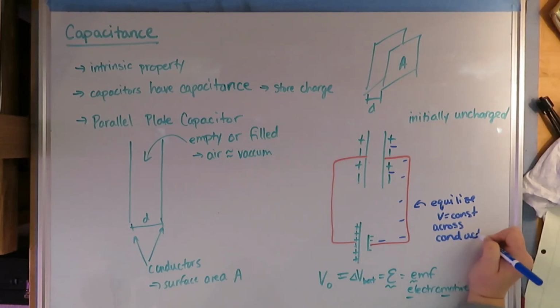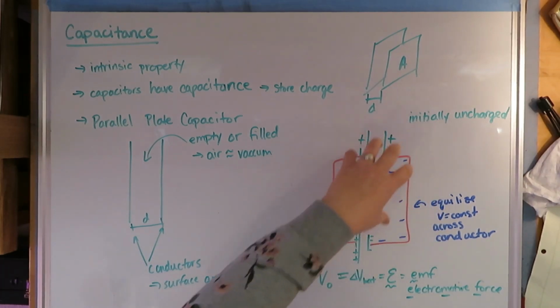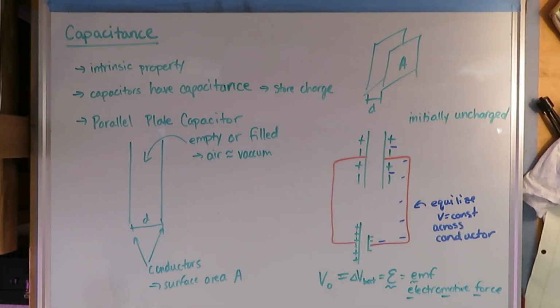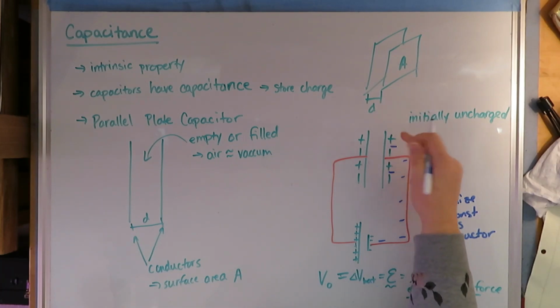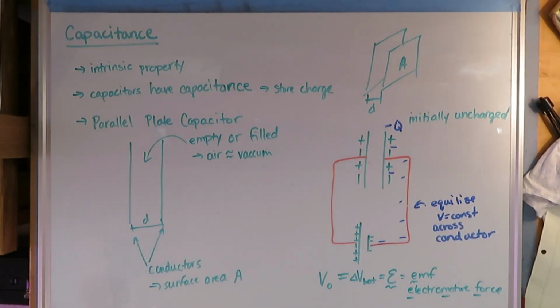We talked about that when we talked about the spherical conductors when you touch them together. So it's going to want to equilibrate essentially by doing that. So these electrons are going to spread out along that surface. Now we're going to build up a negative Q's worth of charge on this plate.